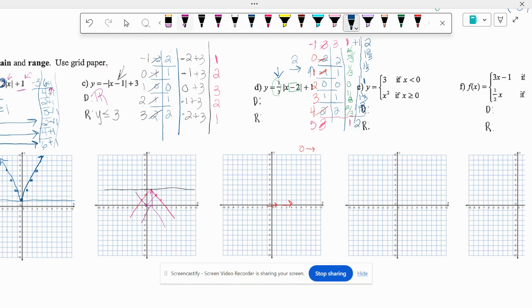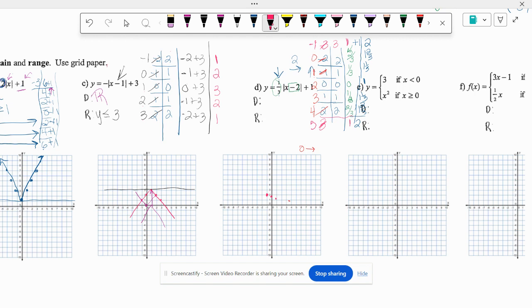So let's graph this just so you can see what's happening. When x is negative 1, my output is at 2. When x is 0, my output is at 1 2/3, so that's almost to the 2. When x is 1, my output is 1 1/3, so that's right above the 1.